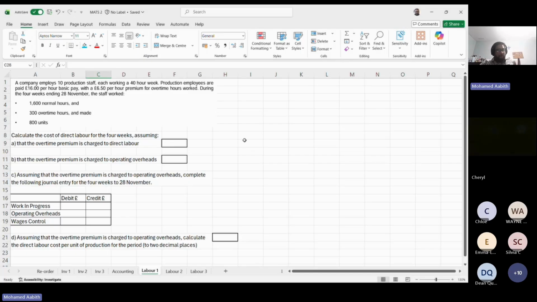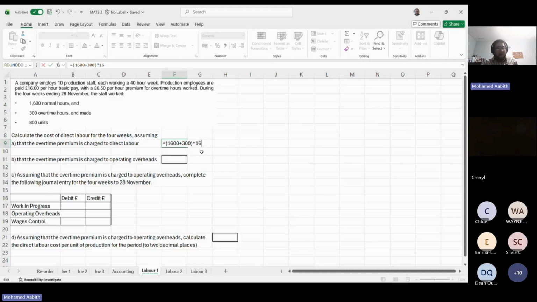So for the formula, I need to think about the total hours they worked: 1,600 plus 300 is 1,900. To calculate the basic pay, you multiply this number by £16, which gives you the basic pay. This includes all the hours worked, normal hours plus overtime hours.